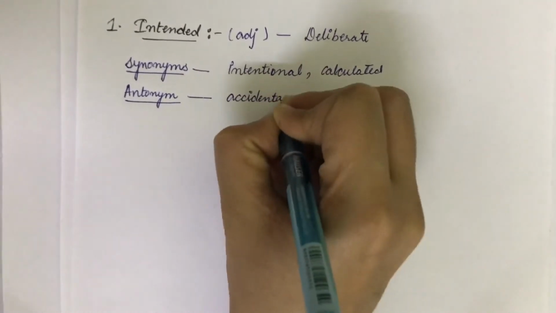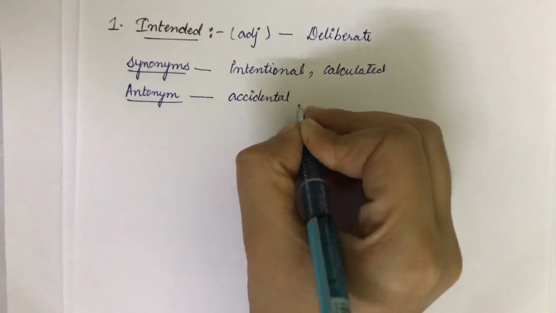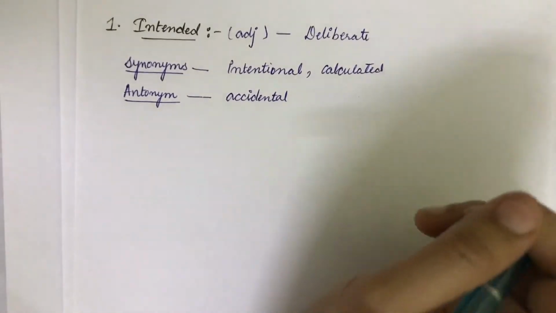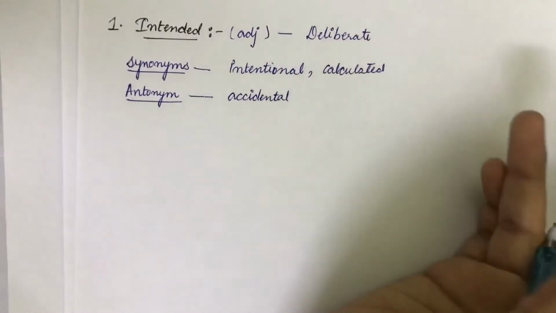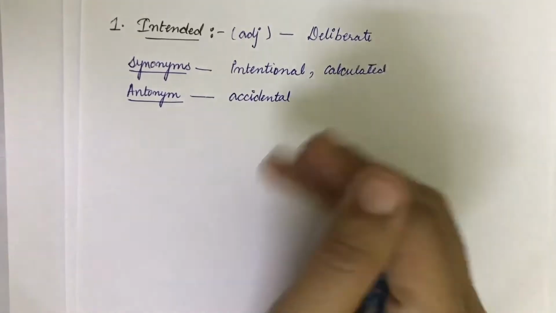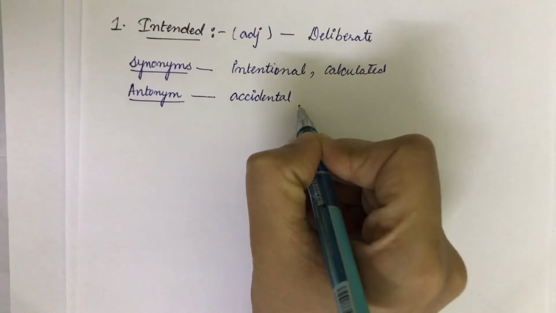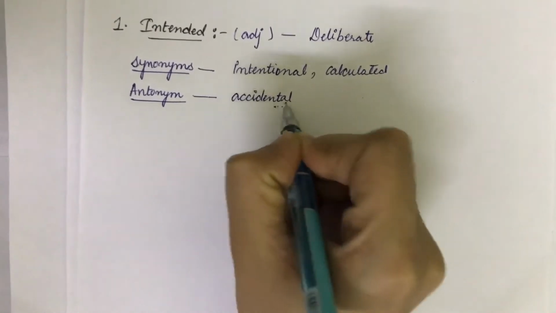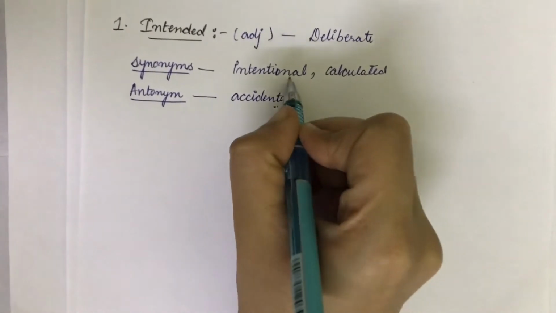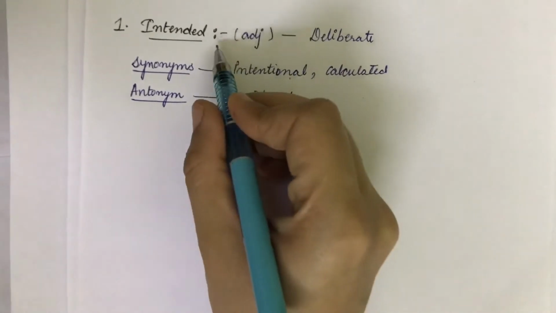So we know this word accidental, which means something that is not done knowingly, that happens automatically, in which no one was the offender. That is known as accidental. So this is the word that is the exact opposite of intentional, calculated, and intended.